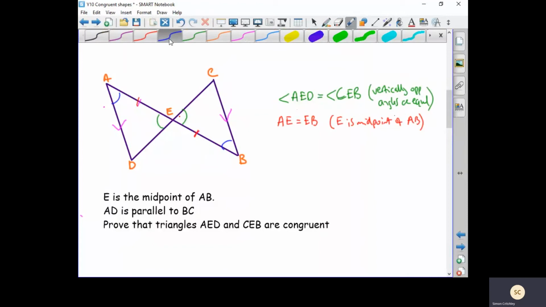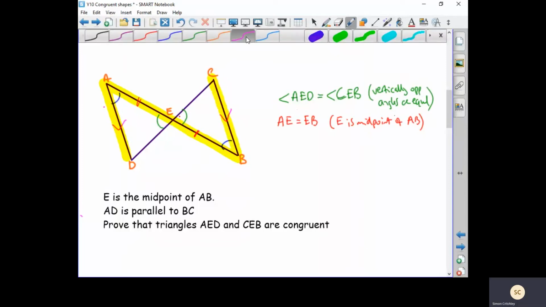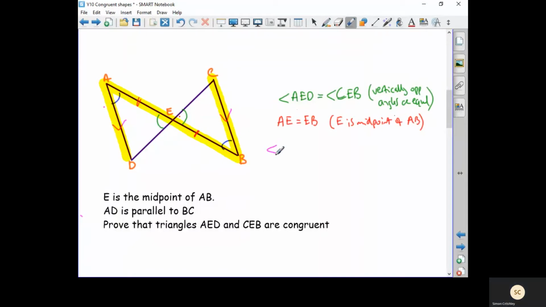We're going to use the fact that they're parallel lines here. We've got the transversal along the parallel lines, which means that these two angles are the same as each other. We have got that angle DAE is the same size as angle CBE, and the reason why they're the same is because alternate angles in parallel lines are the same size.